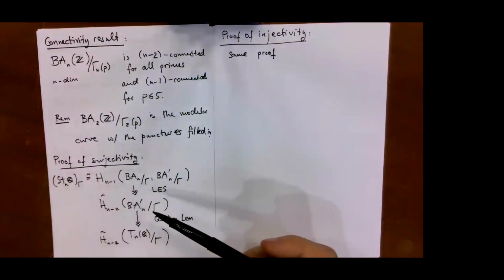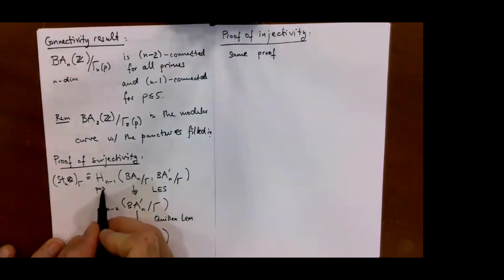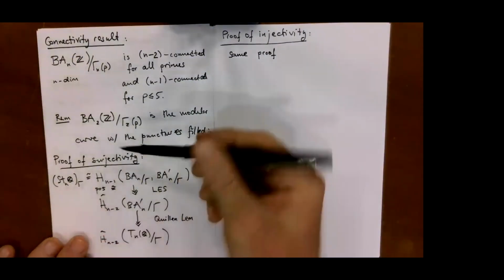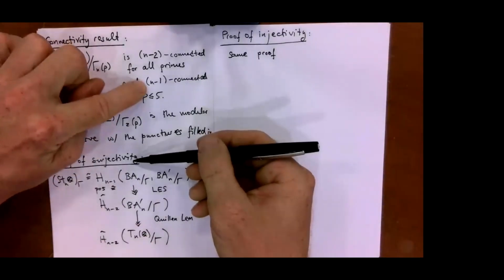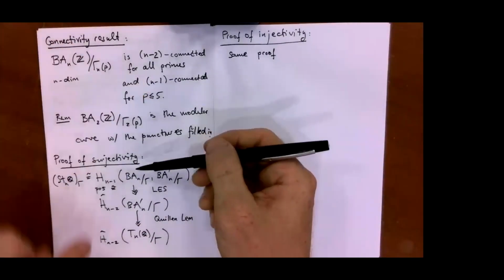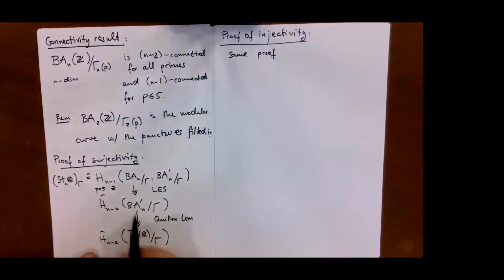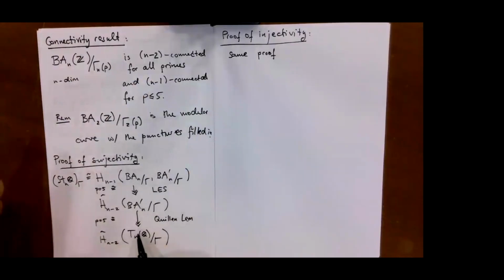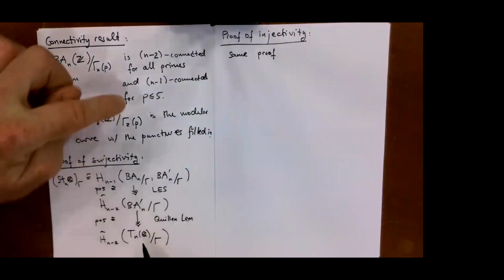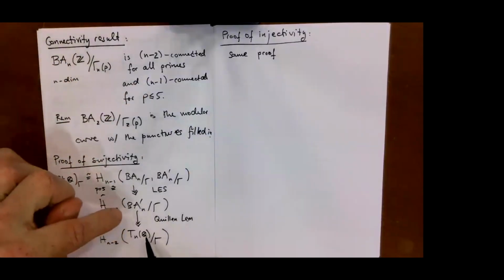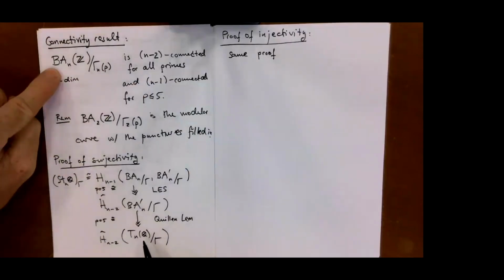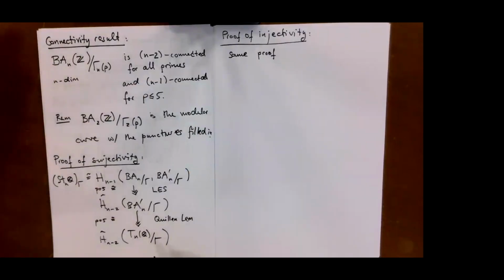Now in this case, for p equals 5, this is an isomorphism because this group is 0, because this thing is n-1 connected. And similarly, we can also say this map here for n equals 5 is an isomorphism, because we can use the equivalent lemma that I told you about in the last lecture, because now the fibers here are just going to be smaller versions of these BAN mod gamma, and they are also going to be one higher connected than before.